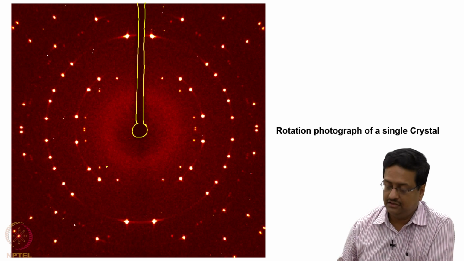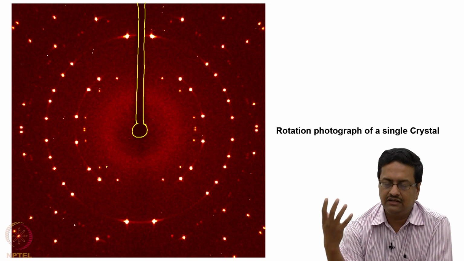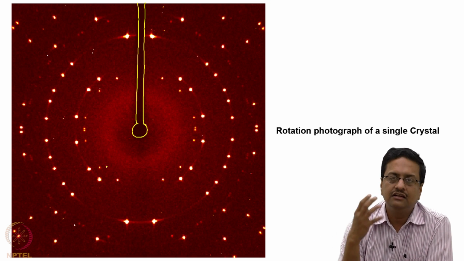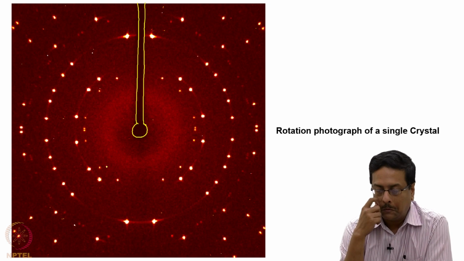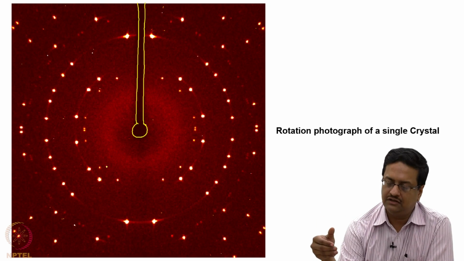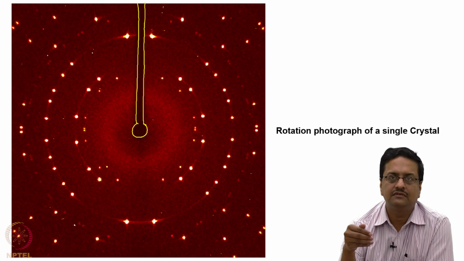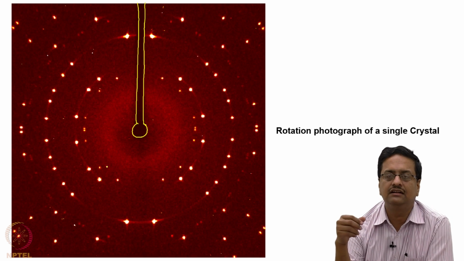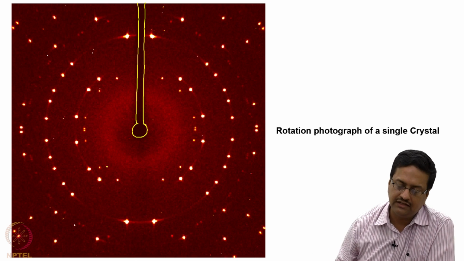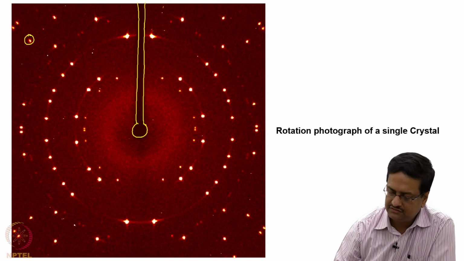As I indicated in one of my previous lectures, the rotation photograph of a crystal is always centrosymmetric, irrespective of whether it is a centrosymmetric or non-centrosymmetric structure. In this particular rotation photograph, you can verify that all the spots that are observed in this image have a center of inversion related spot on the other side. Just take a few examples. This is inverted here.